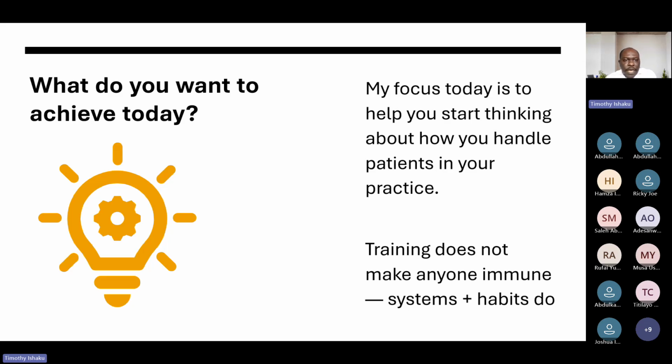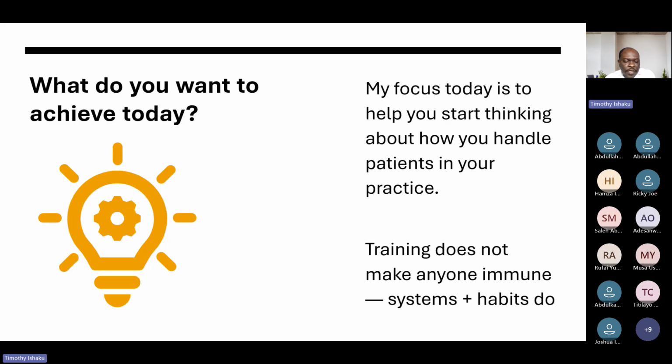But for me, my focus, hopefully today, and hopefully it will align with most of what people here want to achieve, is to start thinking about how you handle your patients in your day-to-day practice. But apart from the thinking, which we go beyond that, but at least if I achieve this as the benchmark, that will be good.